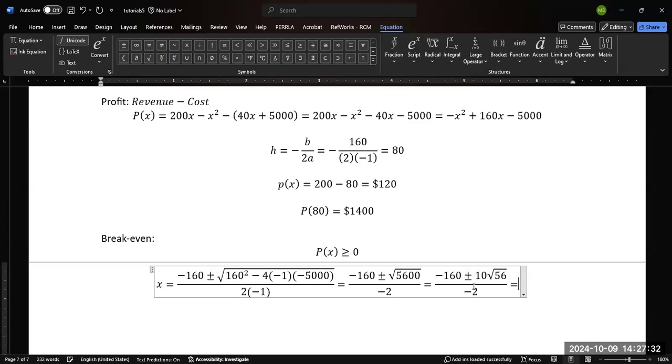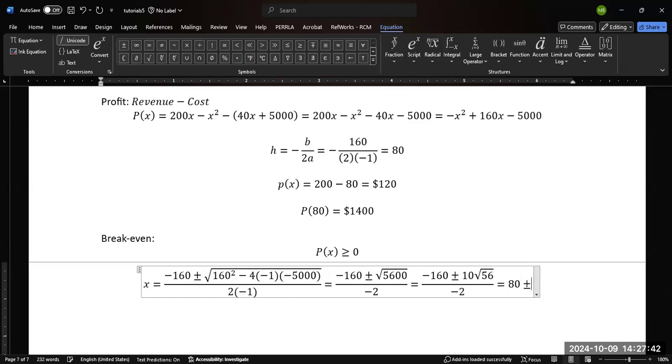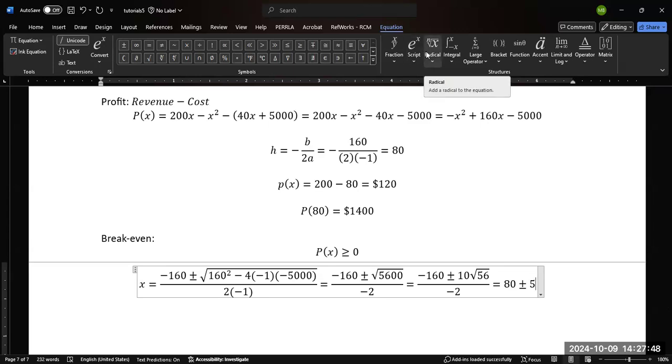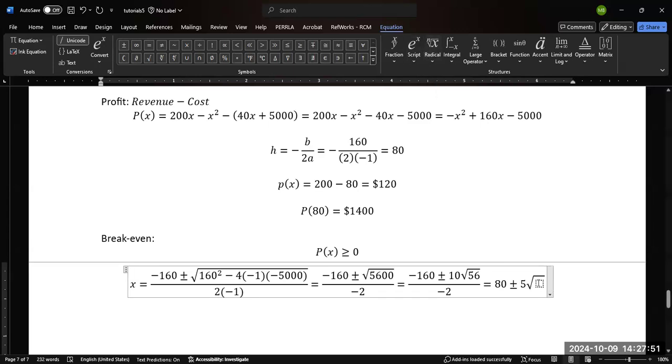That's going to allow me to simplify my denominator with my numerator. -160 divided by -2 is 80. And then plus or minus 5 square root of 56, which is still under there.